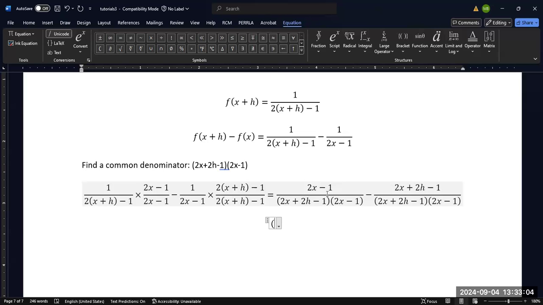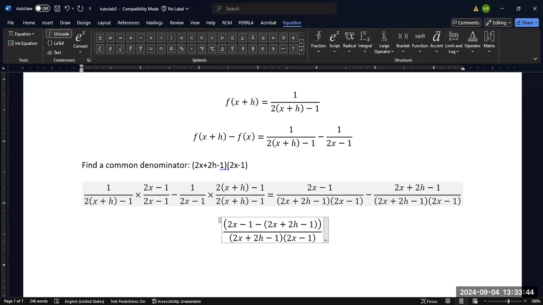So remember, this is a fraction inside of a fraction, essentially. We've just pulled out that numerator. So we're going to take our numerator on the one side, and because of the subtraction sign right here, we are going to subtract the entire second numerator. And then we're going to divide by the common denominator, 2x plus 2h minus 1 and 2x minus 1.